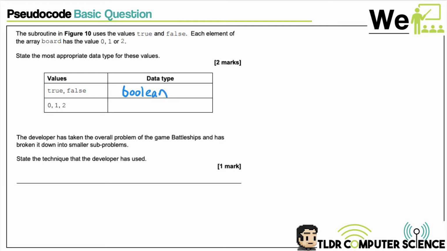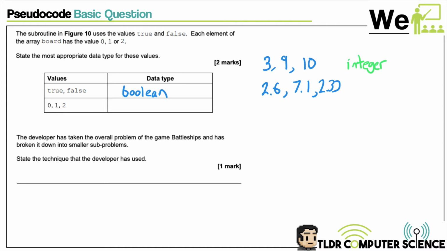You can only store the values true and false. Now, 0, 1, and 2, well, that's going to be one of two things. So there's numbers like 3, 9, 10, whole numbers. But there's also numbers like 2.6, 7.1, 2.33, where there's a floating point. Whole numbers, that's integer.